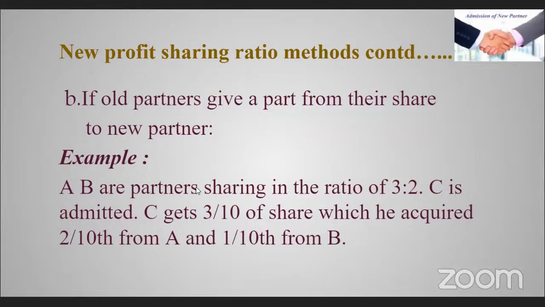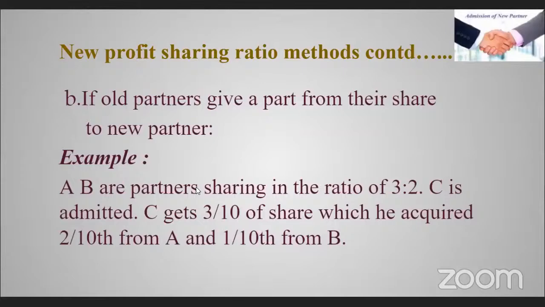C is getting a total of 3/10 of the share, out of which 2/10 from A and 1/10 from B. This is what is given to you. When you find these kinds of sentences in the question, remember, I'll show you how to find the new profit sharing ratio.